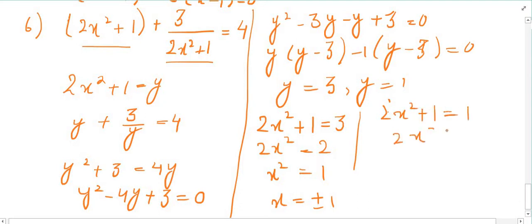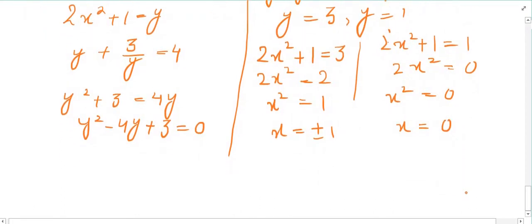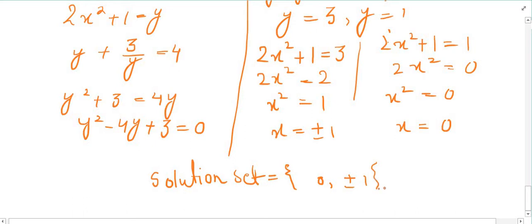This is 2x squared equals 0. So there is x squared equals 0. After taking the square root, it is also 0. So the solution set is 0 and plus minus 1. Clear?